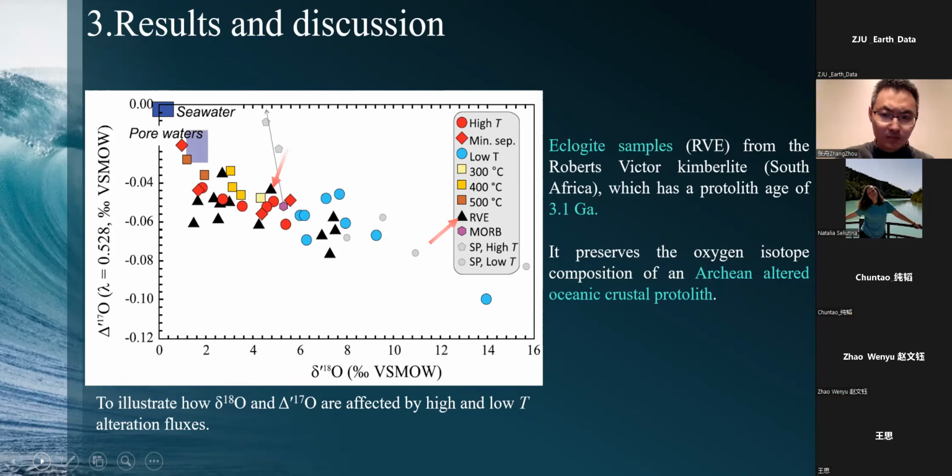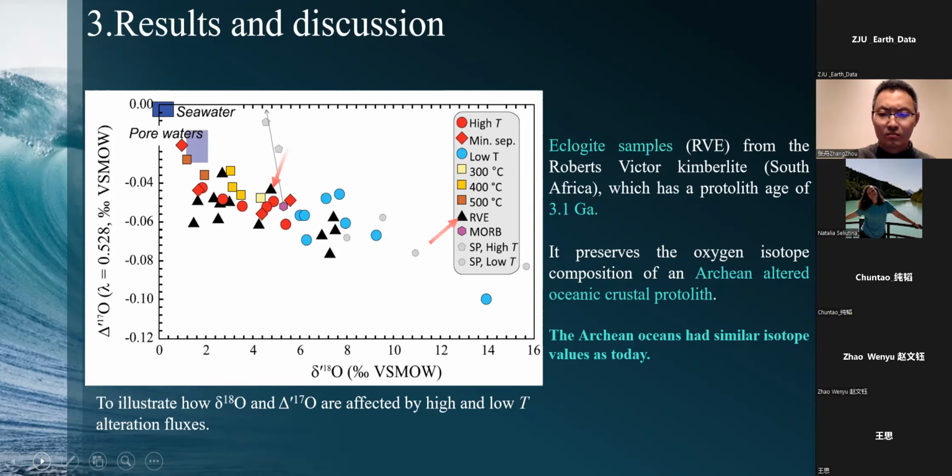It means that these eclogite samples reacted with the ancient ocean, and preserved the oxygen isotope composition at that time. And please move. The author points out that the oxygen isotope composition of these eclogite samples overlaps with the modern oceanic samples.